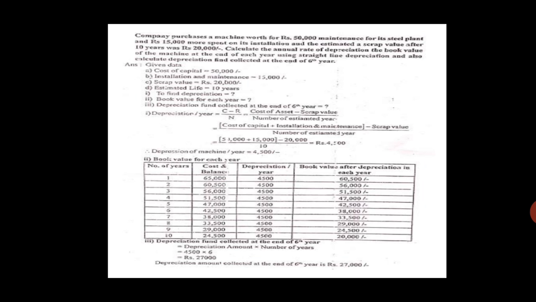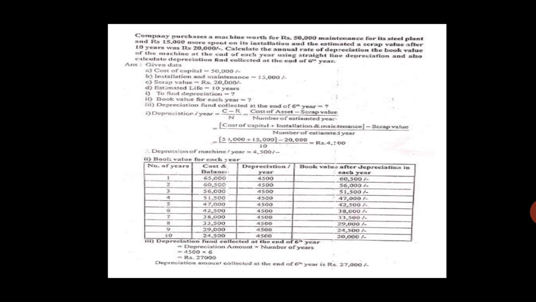Calculate the annual rate of depreciation. So what is the annual rate of the depreciation? The book value of the machine at the end of each year using straight line depreciation, and also calculate depreciation fund collected at the end of 6th year.